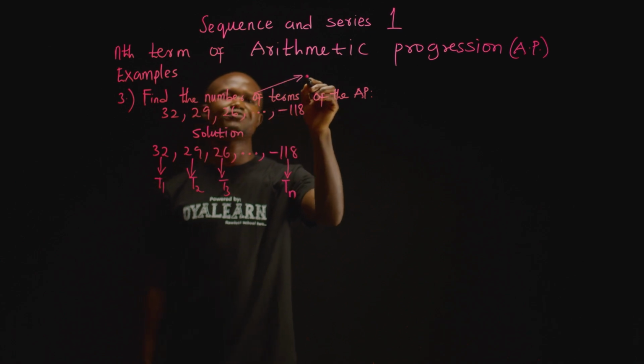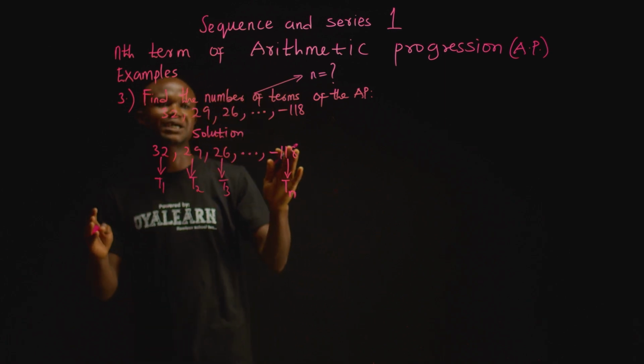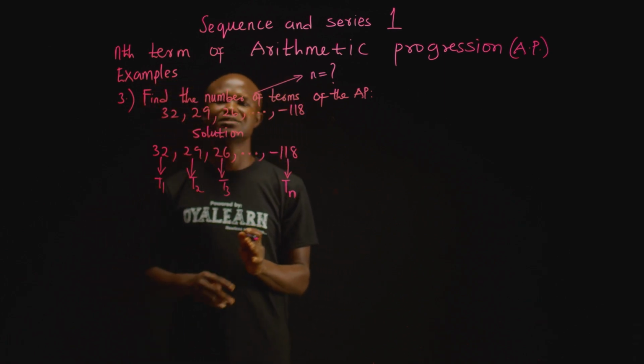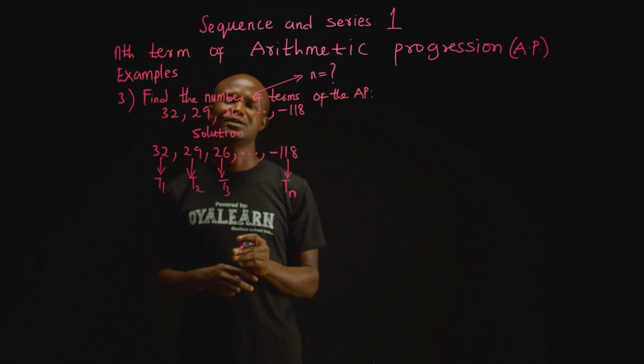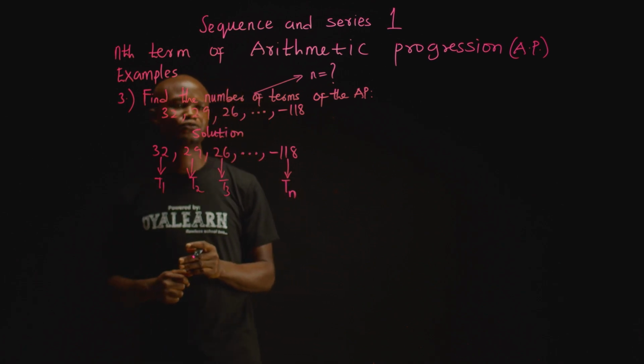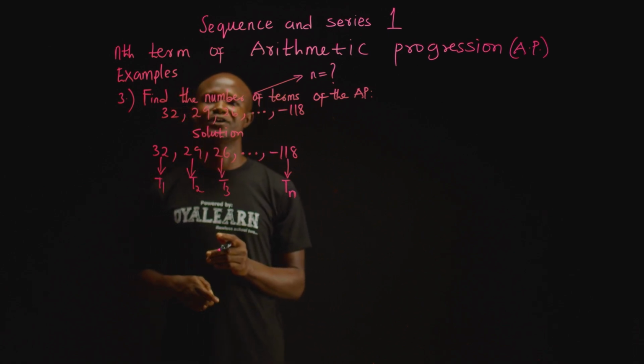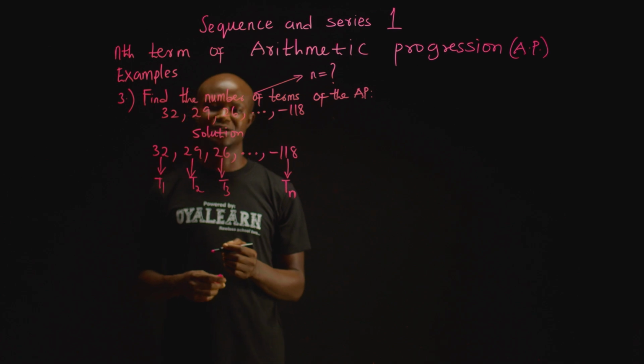That means we are looking for the value of n. When you have to find the number of terms in an AP, you are looking for the value of n.